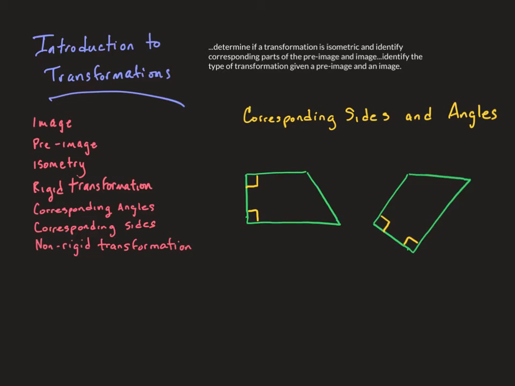So we're going to go with A, B, C, D as my points, and E, F, G, and H. Initially, segment AC could correspond with segment EG just by angles, but that's not quite right because we don't know about the length of it.